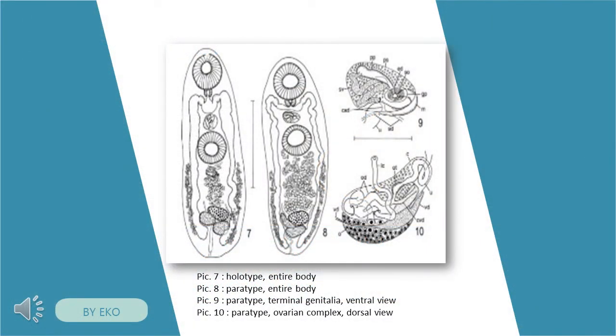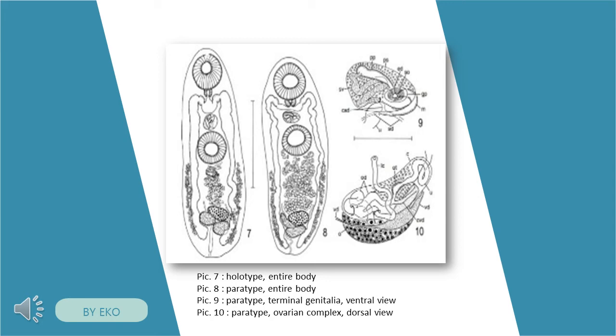This is an explanation. Picture 7. Holotype entire body. Picture 8. Paratype entire body. Picture 9. Paratype terminal genitalia, ventral view. Picture 10. Paratype ovarian complex, dorsal view. C, capsule. CSD, common sperm duct.